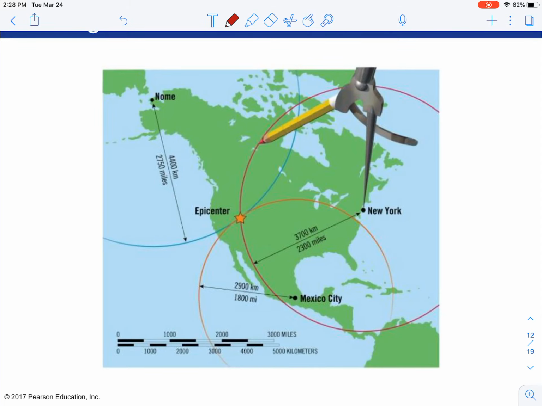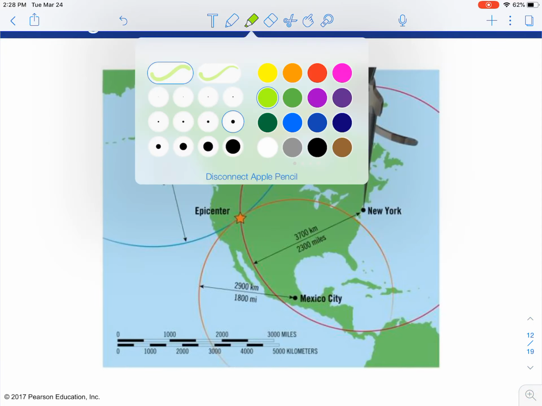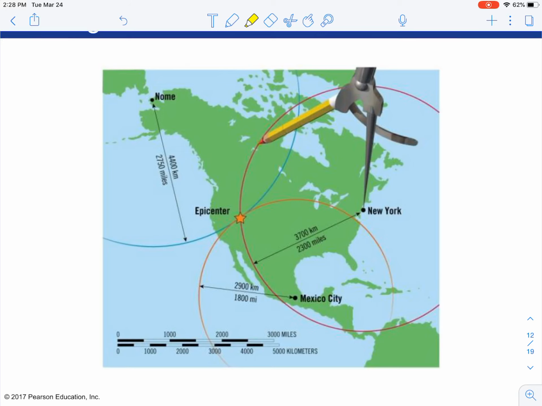Okay? So the earthquake could have happened, I'm going to use yellow so it pops out, here, here, or here, anywhere on that circle, right? Not within, but on the circle. That's not helpful at all, because that means the earthquake could happen pretty much infinitely along that, right?